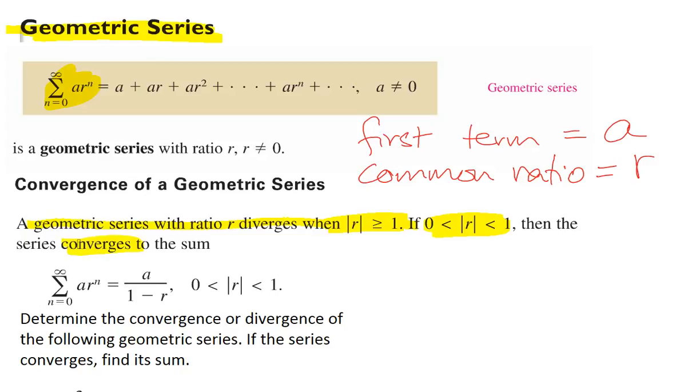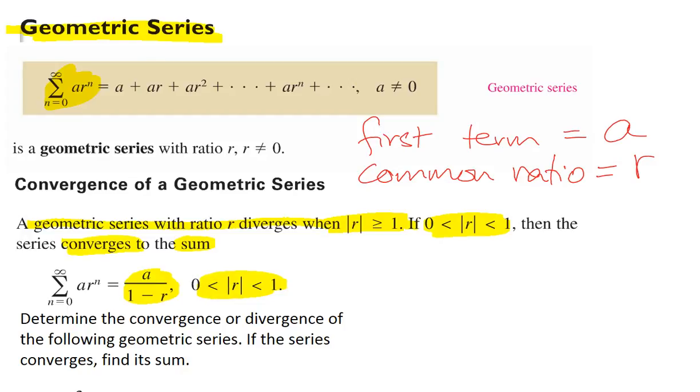If it converges, the sum of a geometric series is given by a over 1 minus r. If it diverges, you don't apply this formula. It converges when the absolute value of r is less than 1.